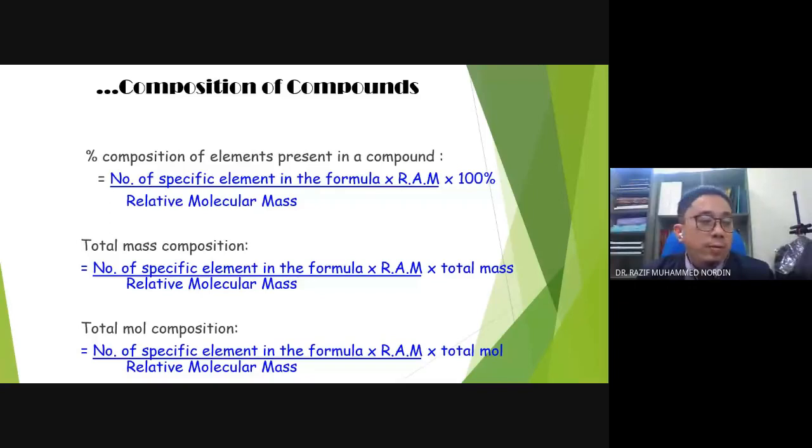Percentage of composition of element present in a compound equals the number of specific element in the formula times relative atomic mass times 100 divided by the relative molecular mass of the compound. And then the total mole composition, ini formula dia ya.